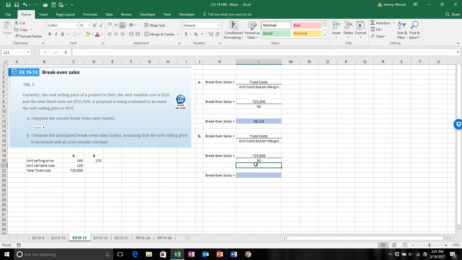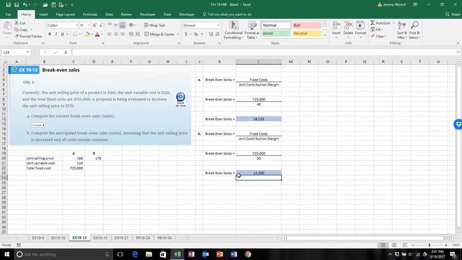So now we have a unit contribution margin of $50. So what that's saying is that, hey, if we increase our price $10 for every unit, we're going to lower the amount we need to sell to break even from 18,000 down to 14,500.